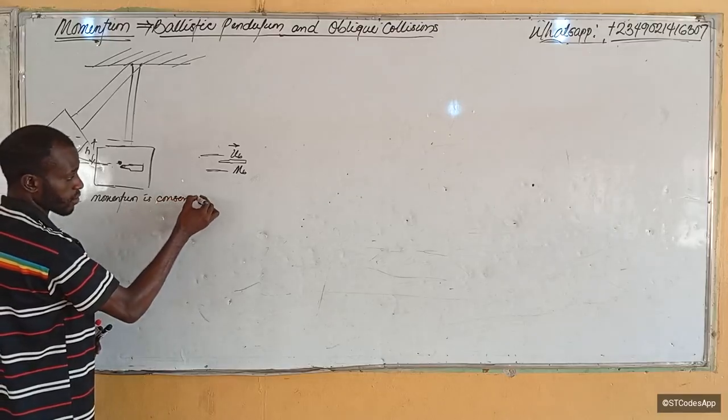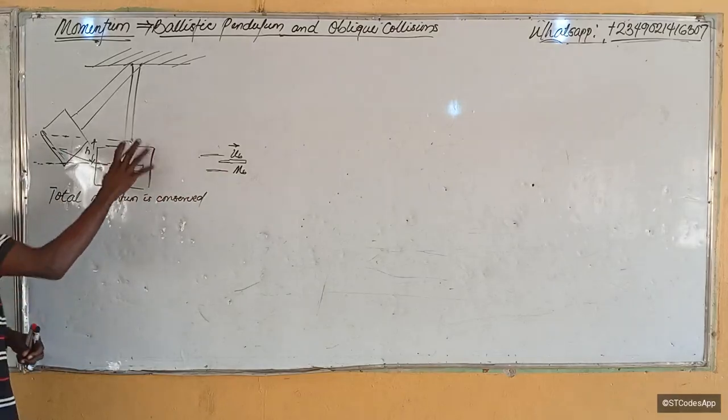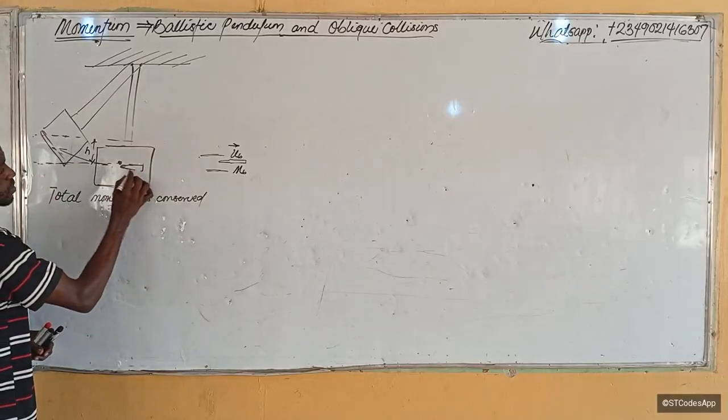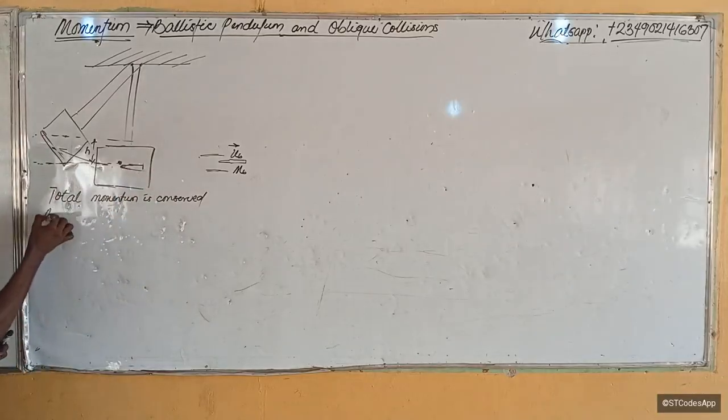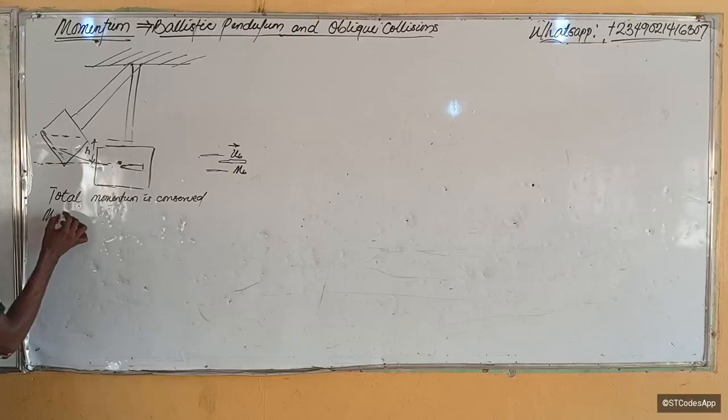Now, given that total momentum is conserved, like we have been seeing, and this block was stationary initially, it wasn't moving, then the total initial momentum is just the momentum of the bullet.